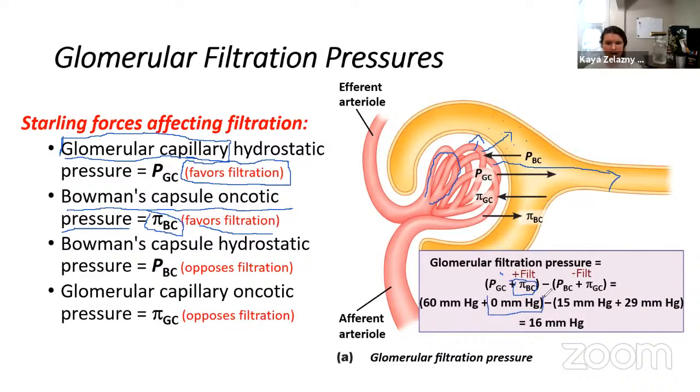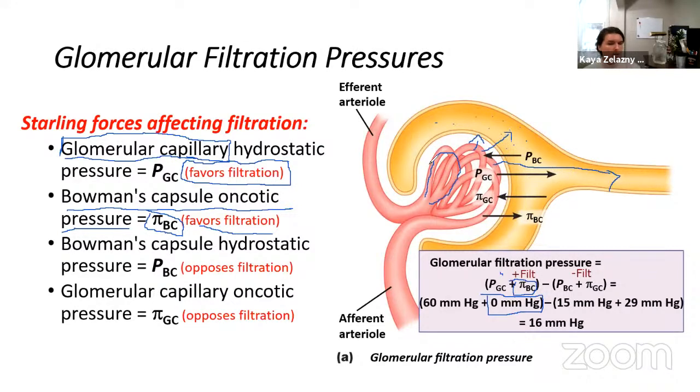You can see that's because there really are no proteins dissolved in this space. If there were proteins hanging out here in Bowman's capsule, then they would exert a pull towards themselves.